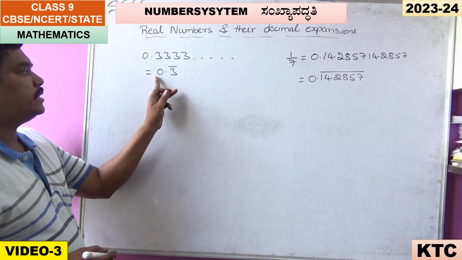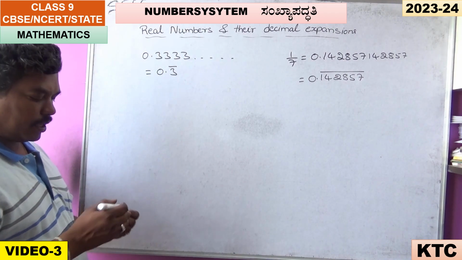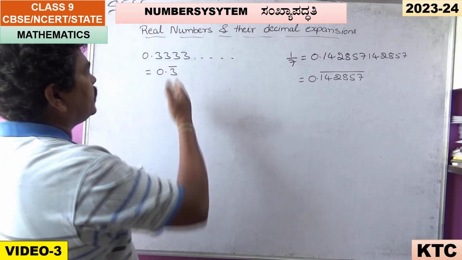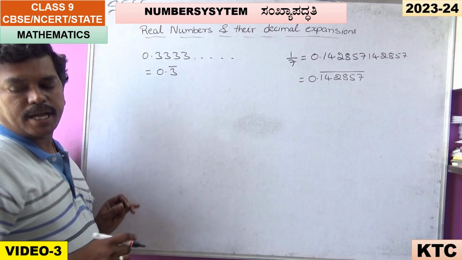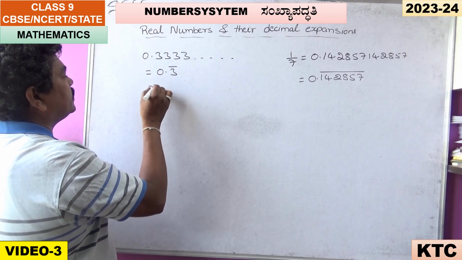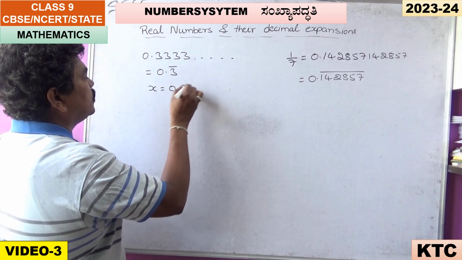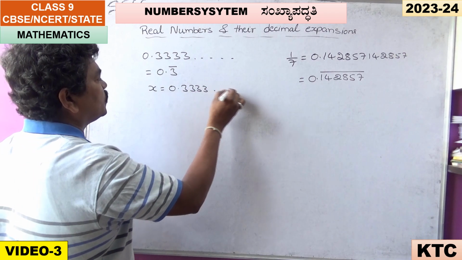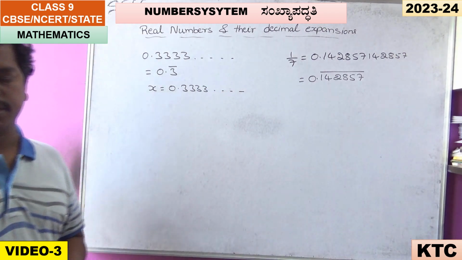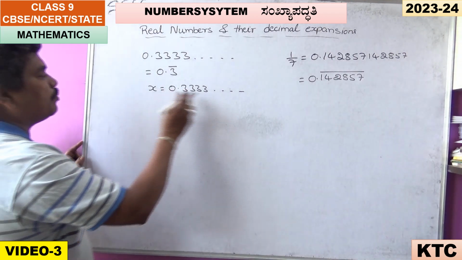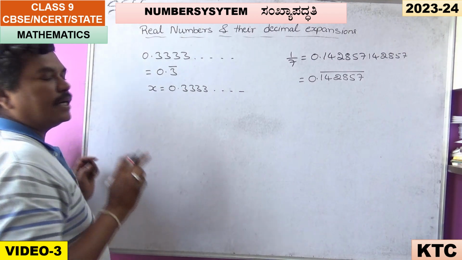So we take this as 0.3 bar. For converting this into a rational number, you put this equal to x. Here we take x is equal to 0.3333 and so on. Now we have to multiply both sides by 10.